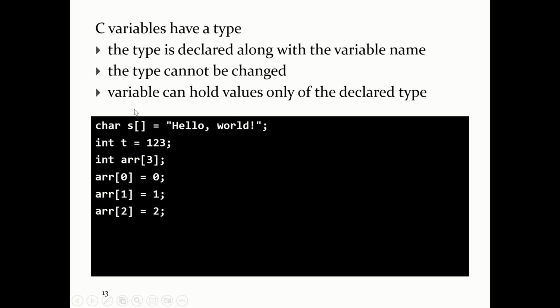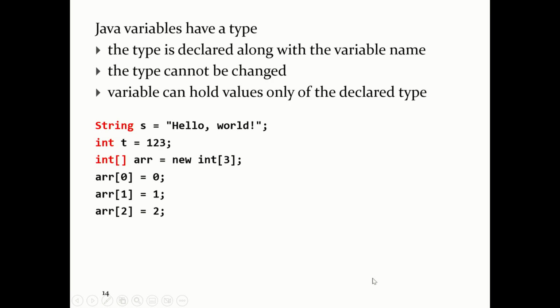Inside this scope, the name s is always an array of char, the name t is always an int, and variables can only hold values of the declared type. So I can store an int in t, a string or an array of char in s, and ints in this array arr. Java is exactly the same.